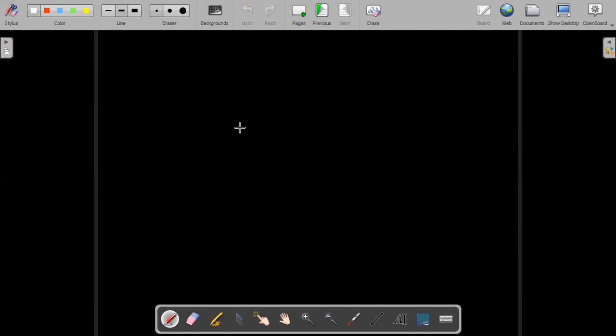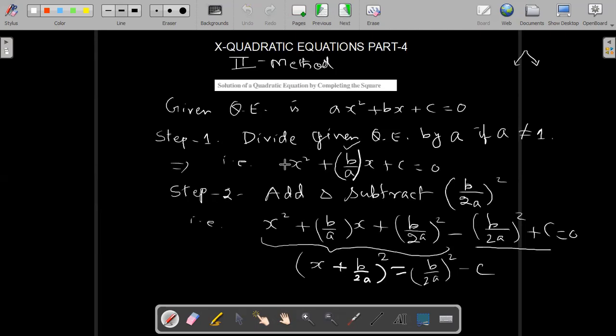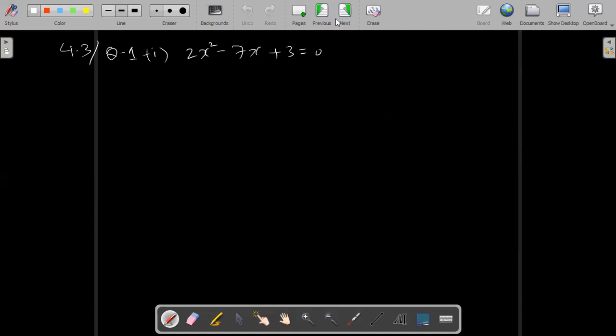As I told you, the first step was to divide by a. Here a is 2, so the whole equation is divided by 2.